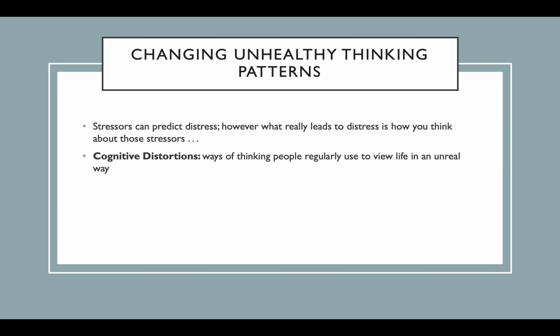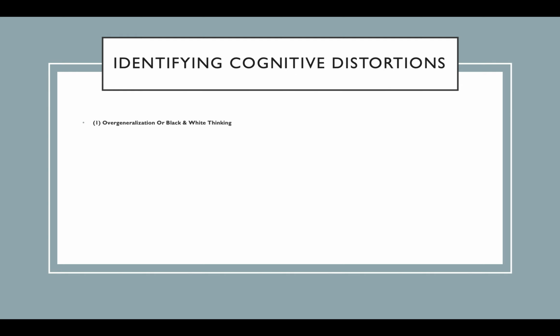Now, these beliefs and these interpretations get problematic when they lead to negative emotions like depression and anxiety. We call these beliefs and thoughts that are unhelpful cognitive distortions. These are ways of thinking that people regularly use to view life in an unreal and usually negative way.